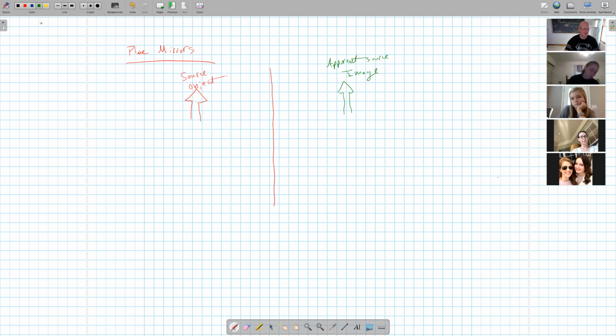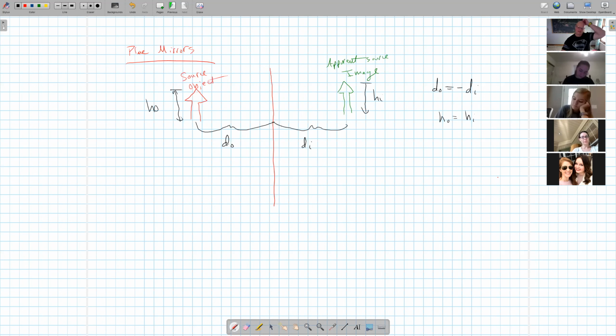For plane mirrors, this distance from the object to the mirror, which we're going to call the object distance, and this distance here from the mirror to the image, let's call that the image distance, are exactly the same. So for a plane mirror, the object location is equal to the negative of the image location. And the height of the object is equal to the height of the image. So this height here is what's known as the image height, and this height here is what's known as the object height.